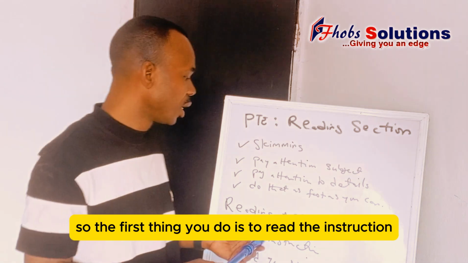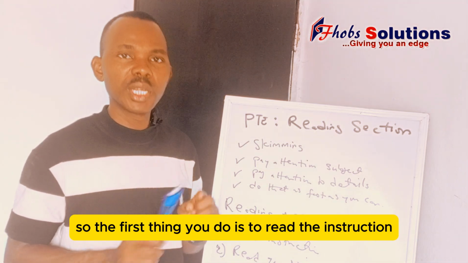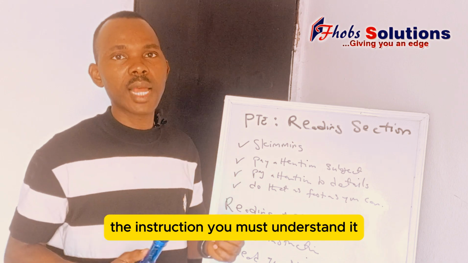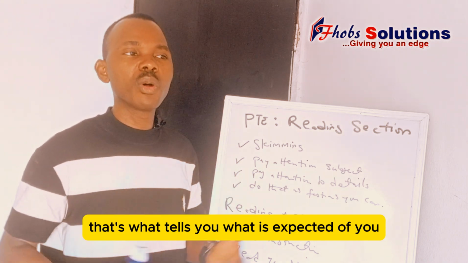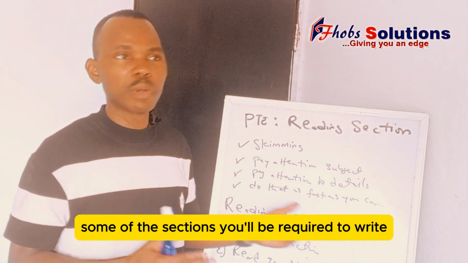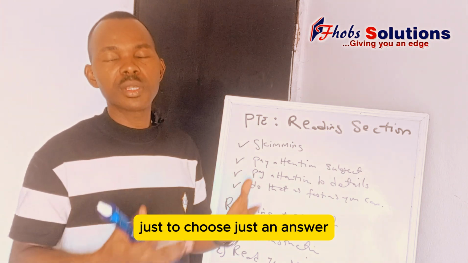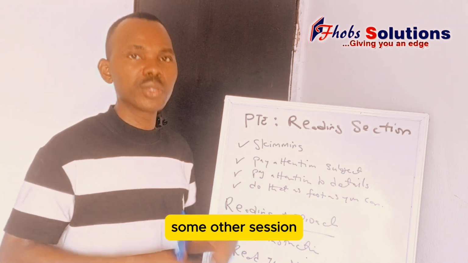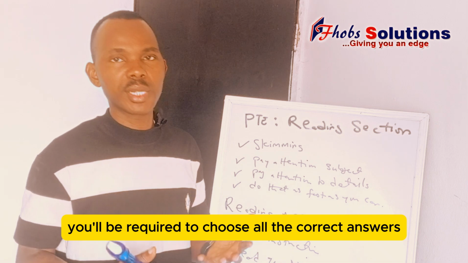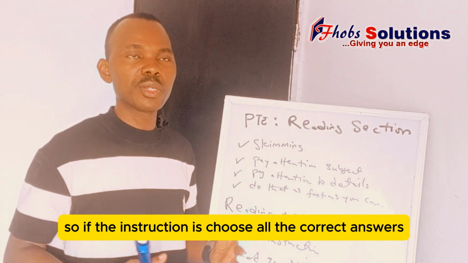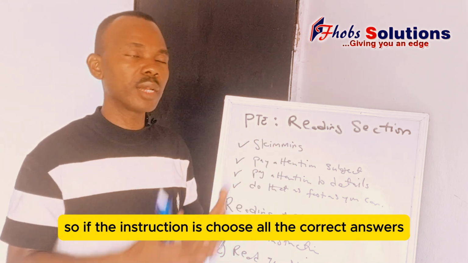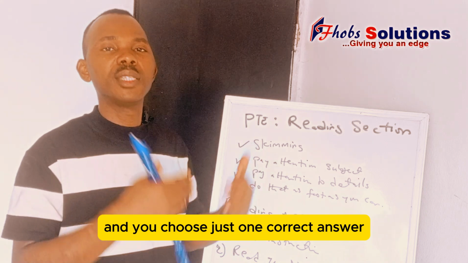So the first thing you do is to read the instruction. The instruction, you must understand it. That's what tells you what is expected of you. In some of the sections you'll be required to choose just one answer. In some other sections you'll be required to choose all the correct answers. So if the instruction is to choose all the correct answers and you choose just one correct answer, then that is a fail.